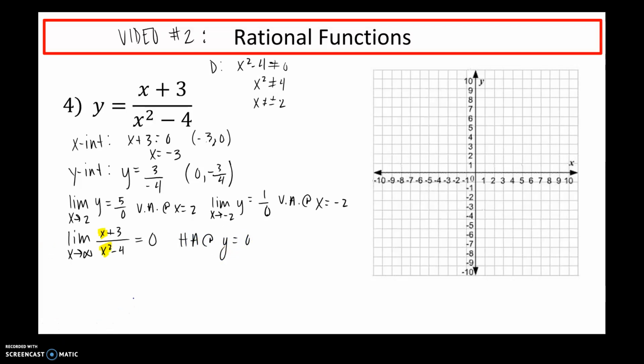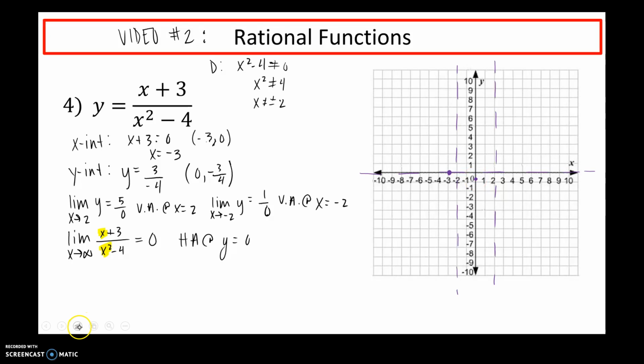Okay, so let's put all the stuff in. The x-axis is a horizontal asymptote. Vertical asymptotes at both 2 and -2. I have an x-intercept at (-3, 0), and I have a y-intercept at (0, -3/4).